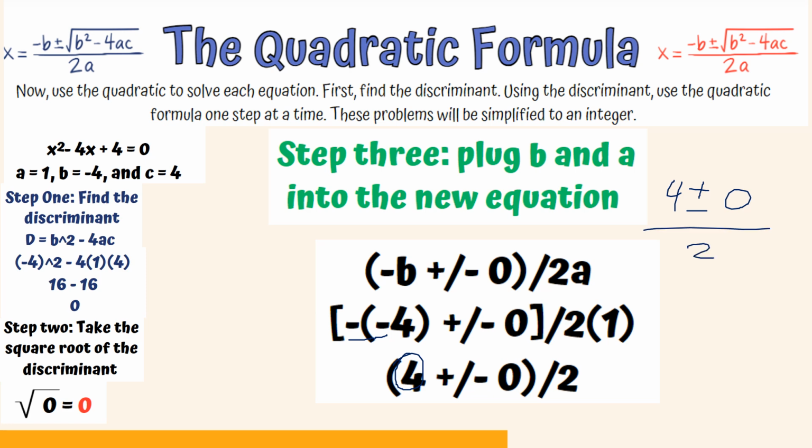So that's step 3. We're going to write it as 4 plus 0 divided by 2, because that's an easy problem, right? And 4 minus 0 divided by 2, because we want that to be easy. Pause the video and see if you can figure out the solution.